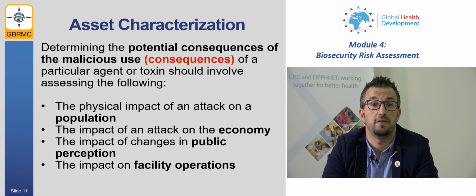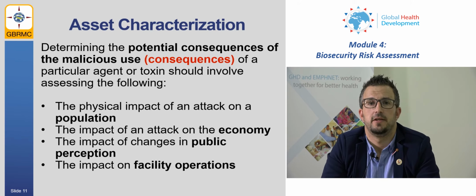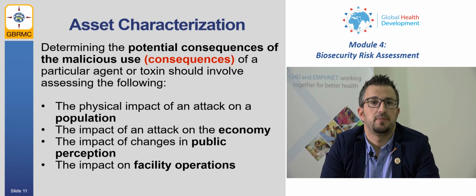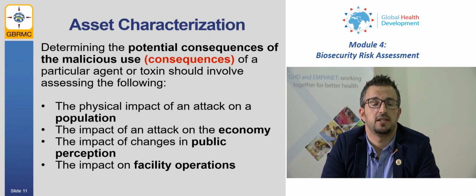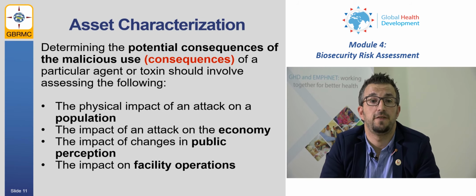We should also characterize the consequences. What if this agent was stolen or released to the community, and what type of effect can it have? Sometimes it can affect the population, sometimes the economy, and the public perception, especially of the institution, and sometimes it could affect the facility operation.